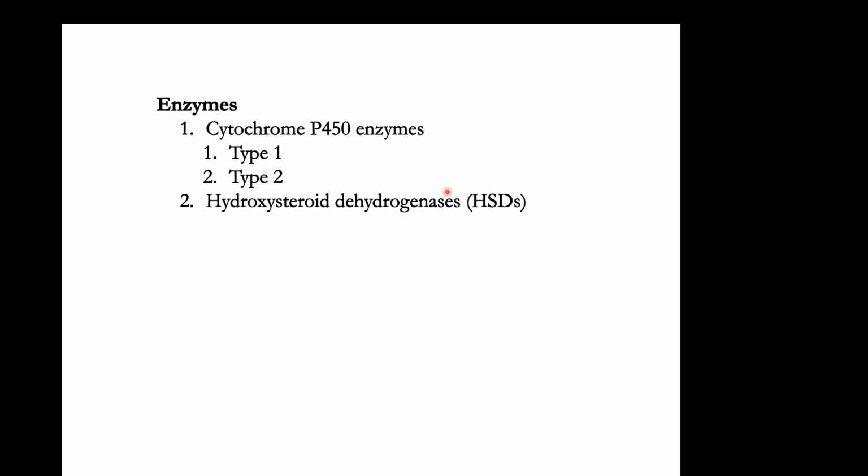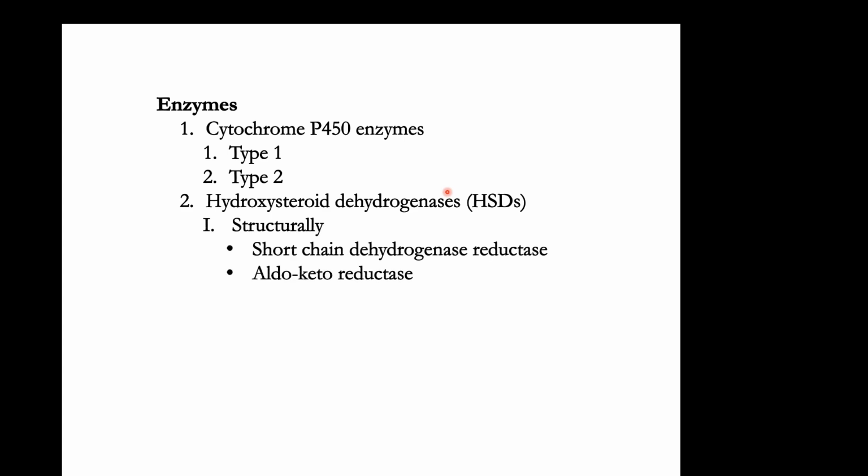Now the next is the hydroxysteroid dehydrogenases, or maybe only dehydrogenases. They have been classified on two bases, the structural basis and the functional basis. Structurally they are further divided into two types: short chain dehydrogenase reductase and aldo-keto reductase.